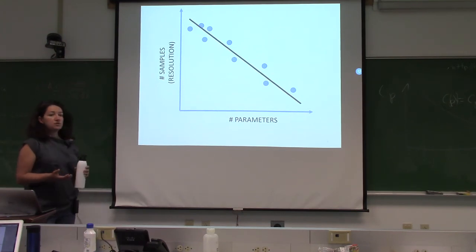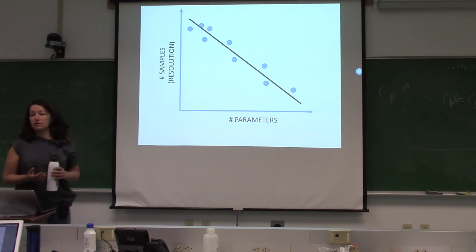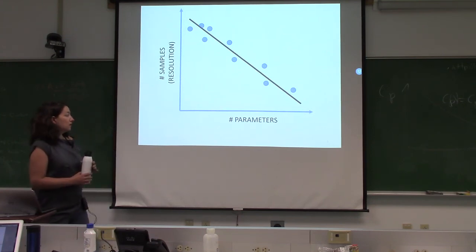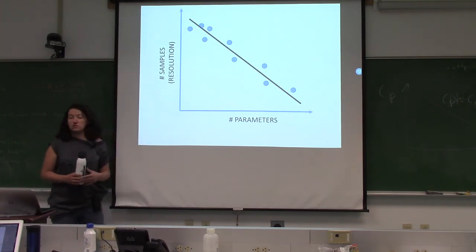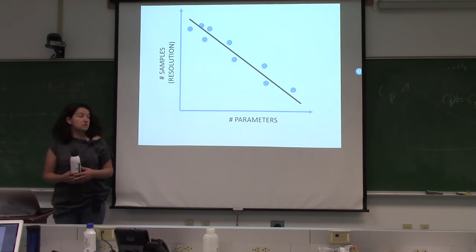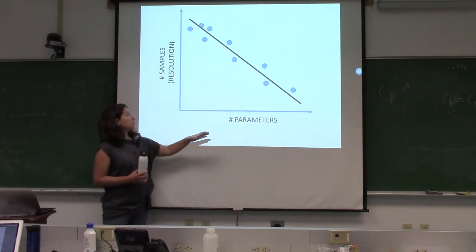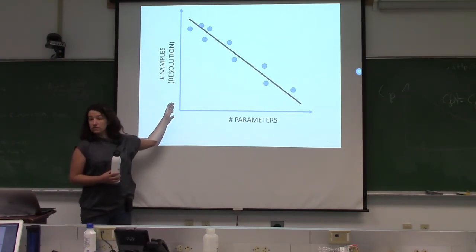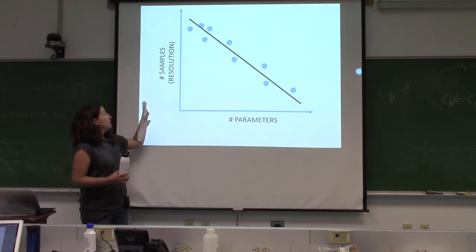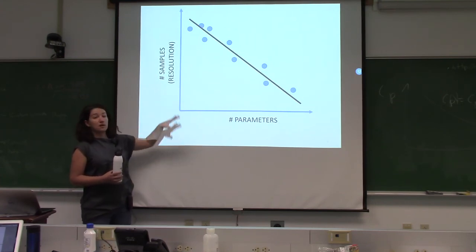If you imagine any experiment that you may have done in your life, or a cruise, or just think about an experiment that you want to set up, you're always going to have a certain number of parameters that you want to measure. And not all the parameters are going to be measurable at the same frequency. There are always lots of parameters that you can measure at really low frequency, so you can collect maybe 1 or 2 samples per experiment. But there's going to be a really small number of parameters that you can measure at high frequency.